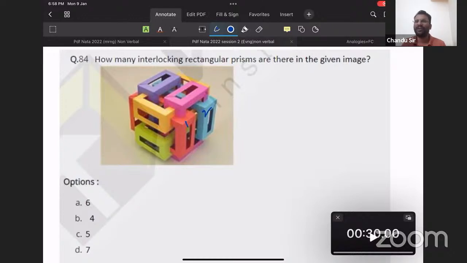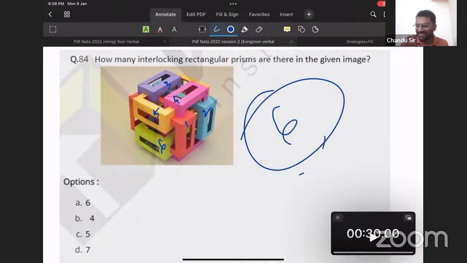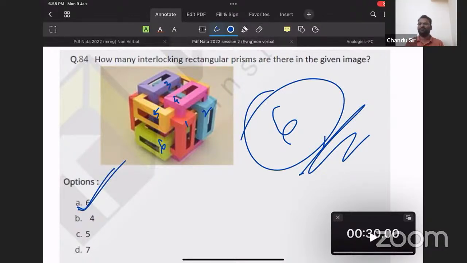If you count for front, don't worry about the rear. If you count for the top, don't worry about the bottom. If you count for the left, don't worry about the right. So 6 rectangular blocks. Option A, 6, was there.